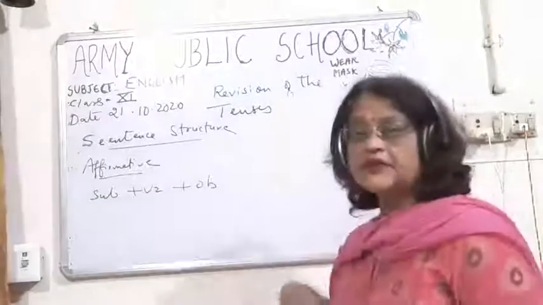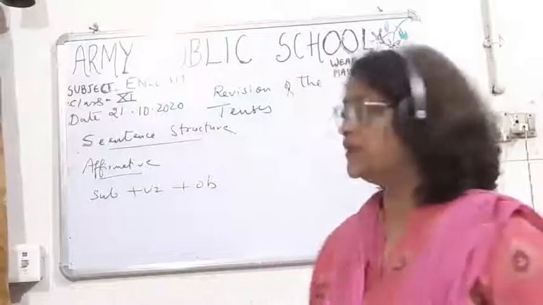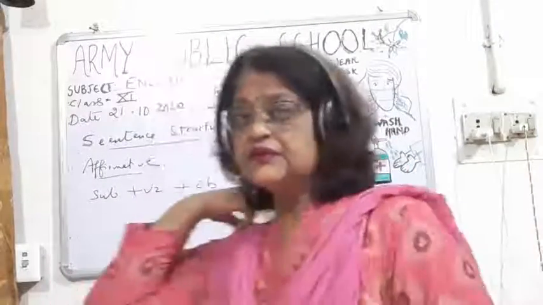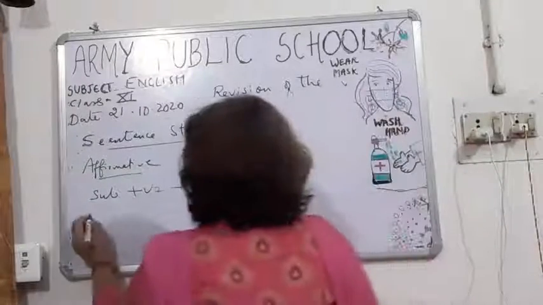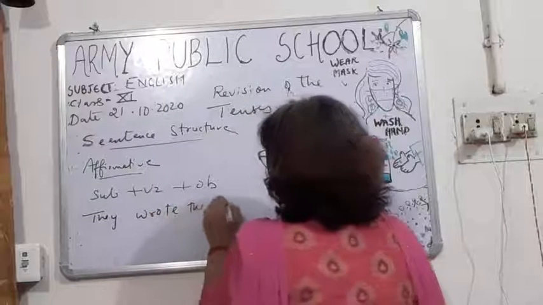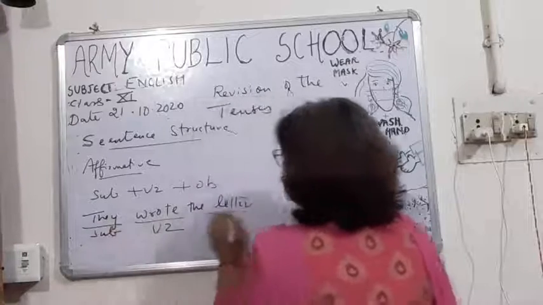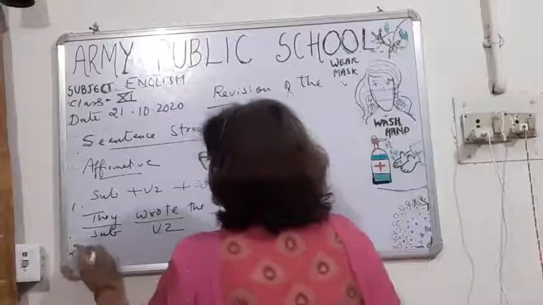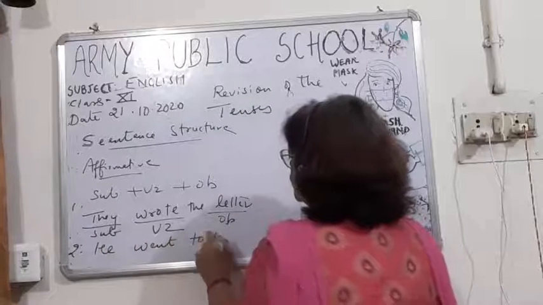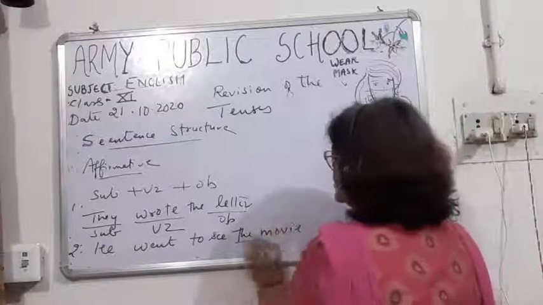Subject plus second form of the verb, and then the object. Like, children, we can say, they wrote the letter. So children, here wrote is V2, this is the subject, and this is the object. Similarly, he went to see the movie. So the movie is an object.